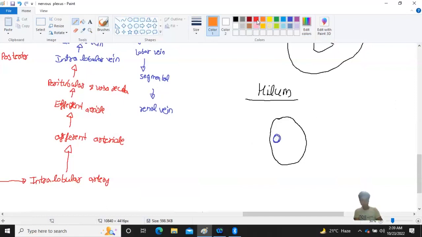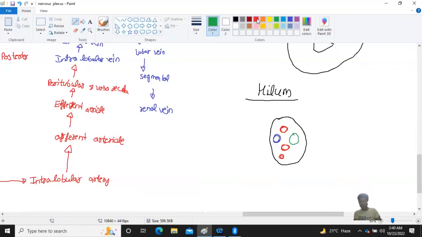Then after this, there are segmental arteries. The segmental artery divides before entering the kidney, into anterior and posterior segments. And one important, slightly small artery is also present, maybe sometimes or sometimes not. And after this, most posteriorly, it is called the renal pelvis basically, from which the ureter extends.